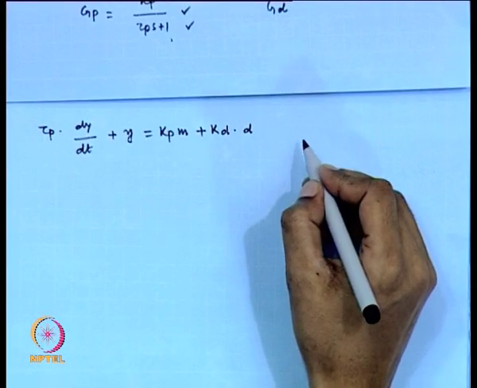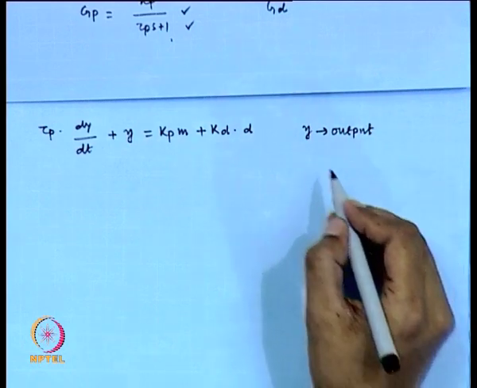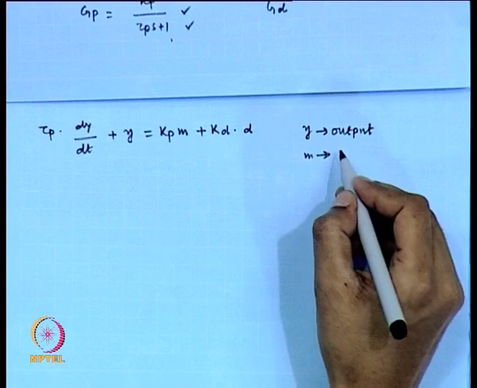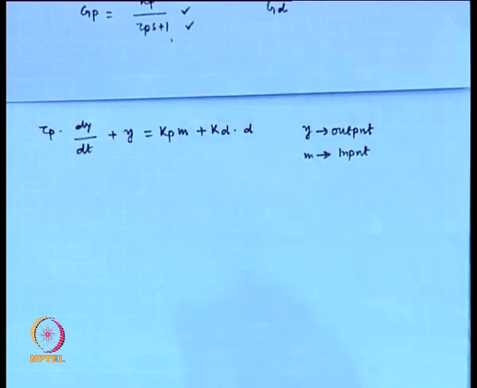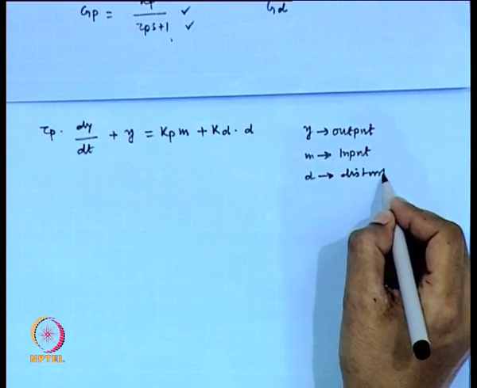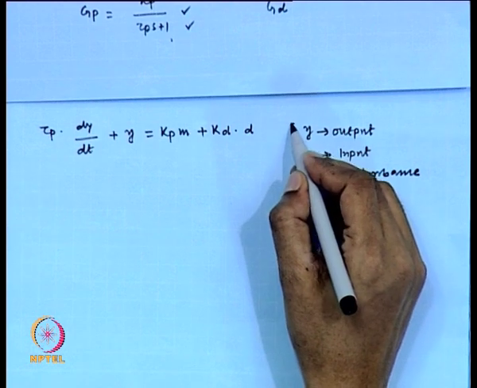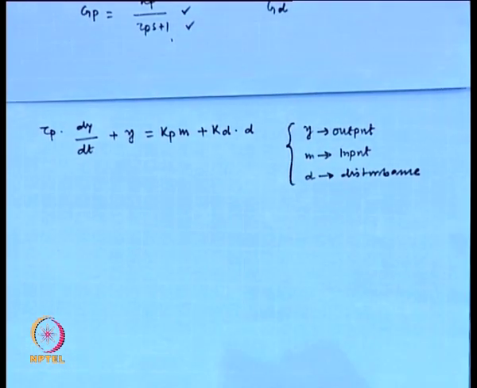The first order process we can represent in time domain by this form, where y is the output, m is the input to the process, m is basically the output of the final control element, and d is the disturbance. y, m and d all are in terms of deviation variables.